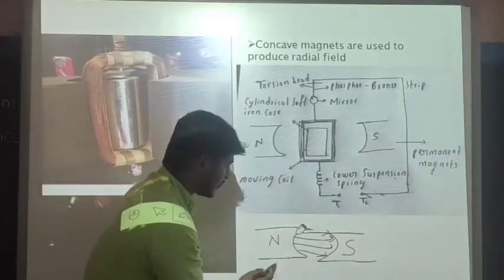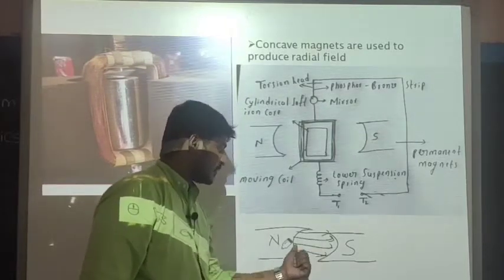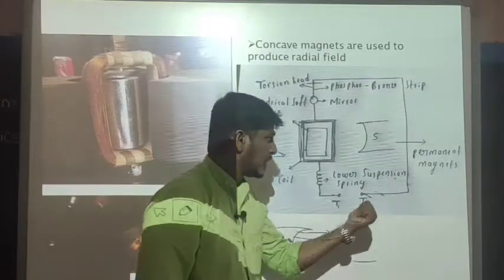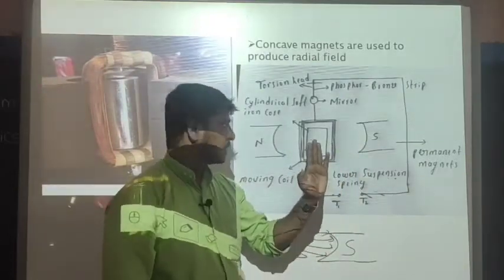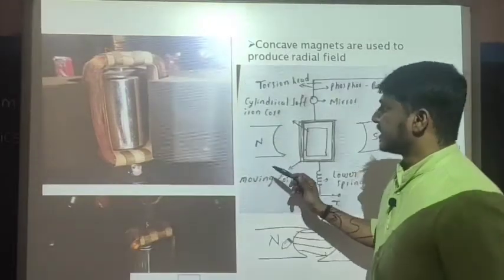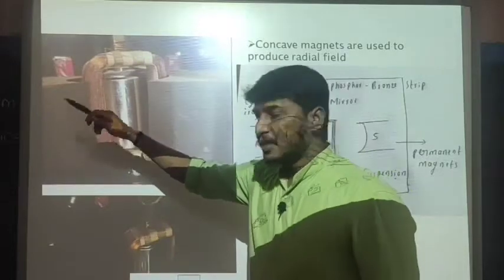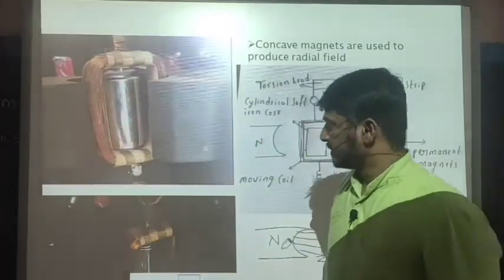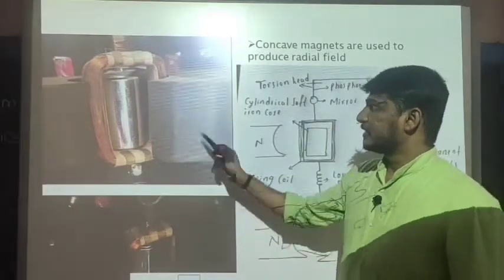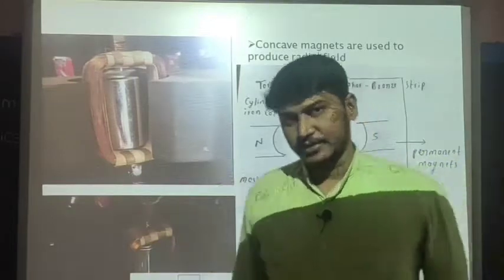We use these concave shaped magnetic poles because they produce a magnetic field which is parallel to the plane of the copper coil. Here you can see that concave shaped magnetic poles are used in the actual ballistic galvanometer. Here also you can see these are the magnetic poles used in the actual ballistic galvanometer.